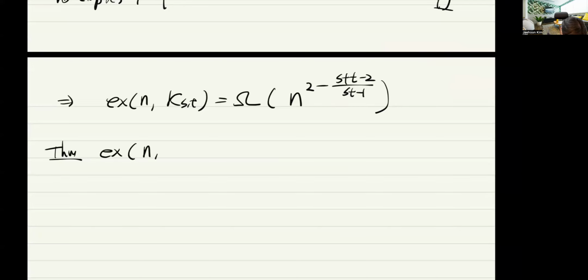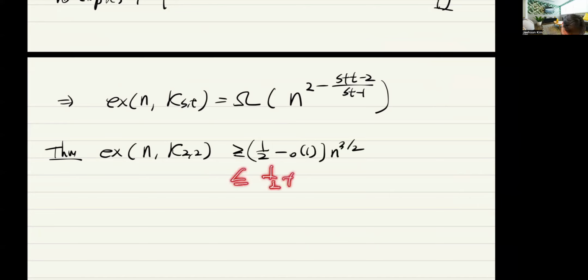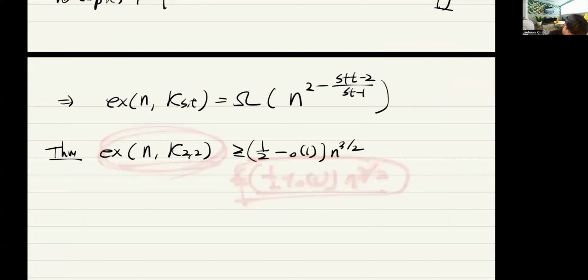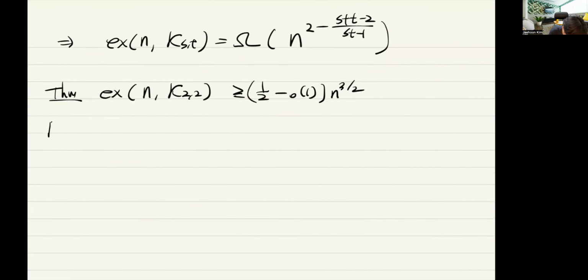So, for example, for K_{2,2}, we can prove the following lower bound. The asymptotic upper bound we proved was (1/2 + little o(1)) times n to the 1.5. So this determines the asymptotic behavior of the extremal number of K_{2,2}.